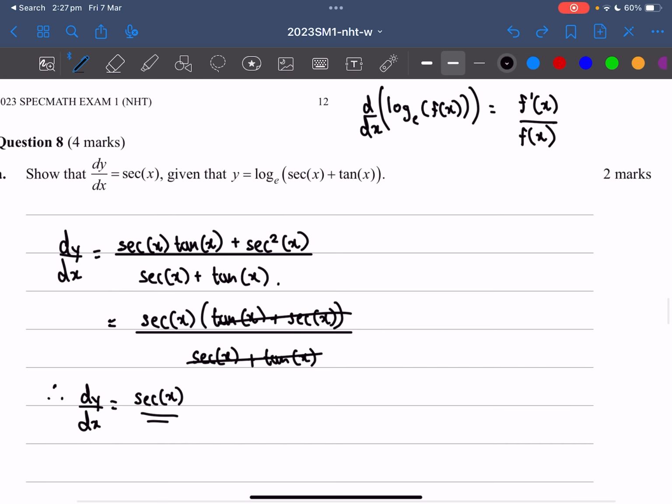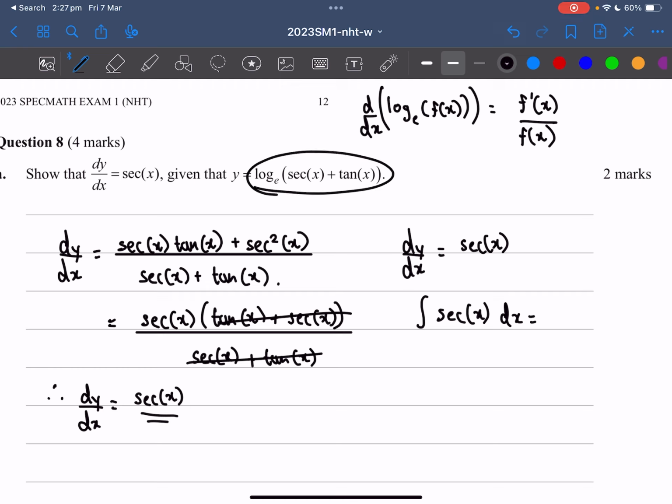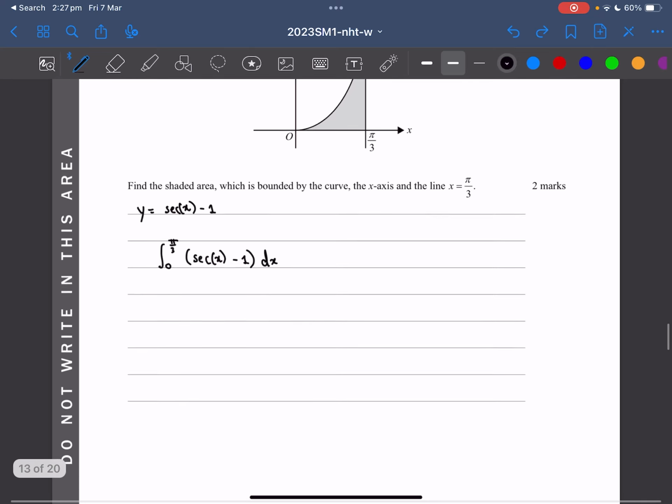If we know that dy/dx is equal to secant, then if I were to integrate it back again to find y, the integration of secant of x dx, we will get this whole thing over here. So that's what I'm trying to say. Integration by recognition.